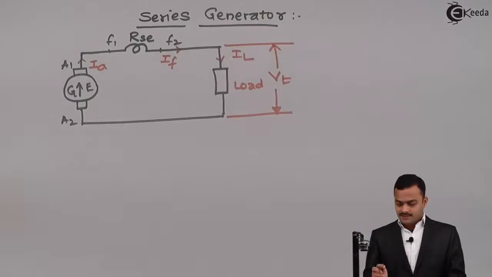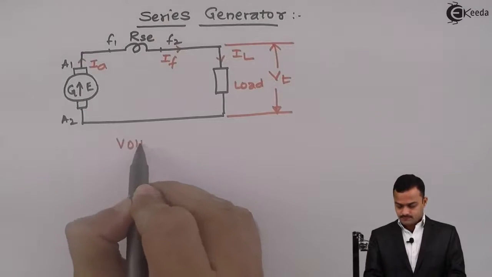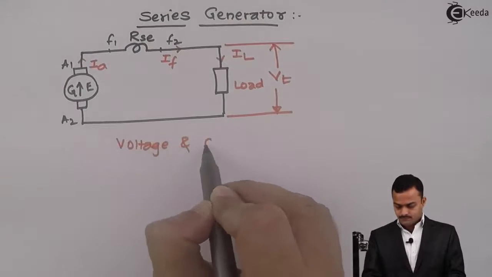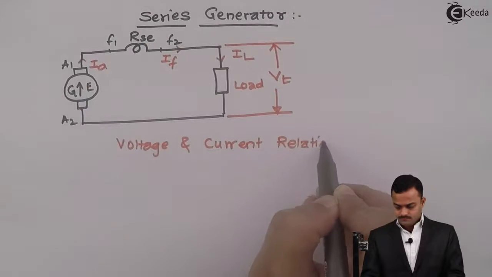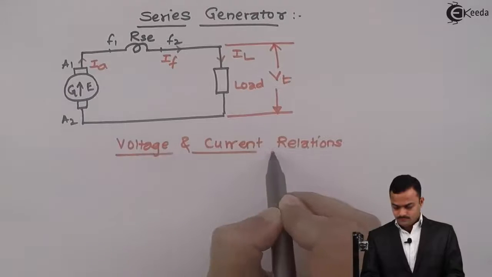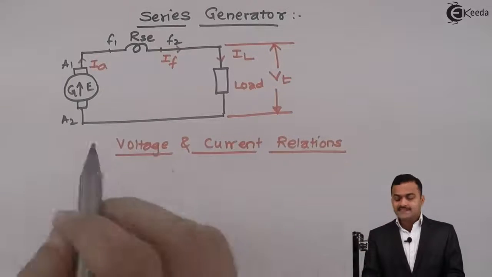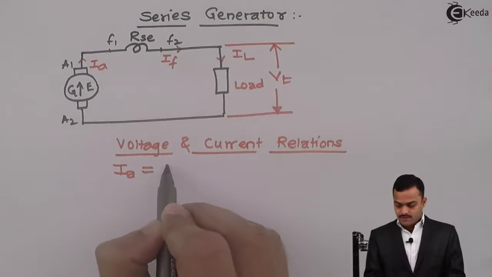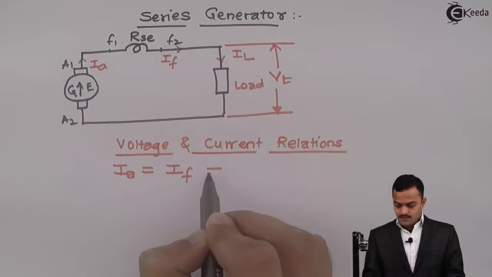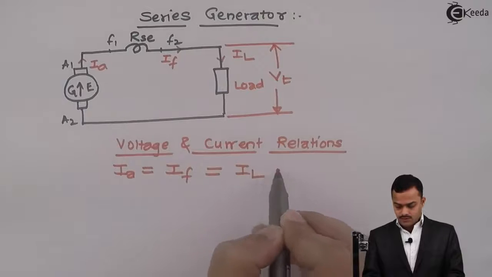Let's write voltage and current relations. As I said earlier, armature current is the same as field current, the same as load current IL.